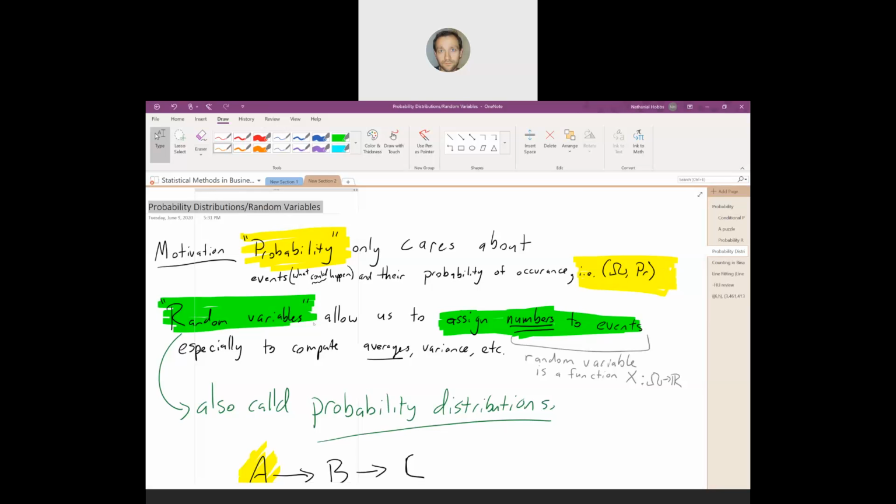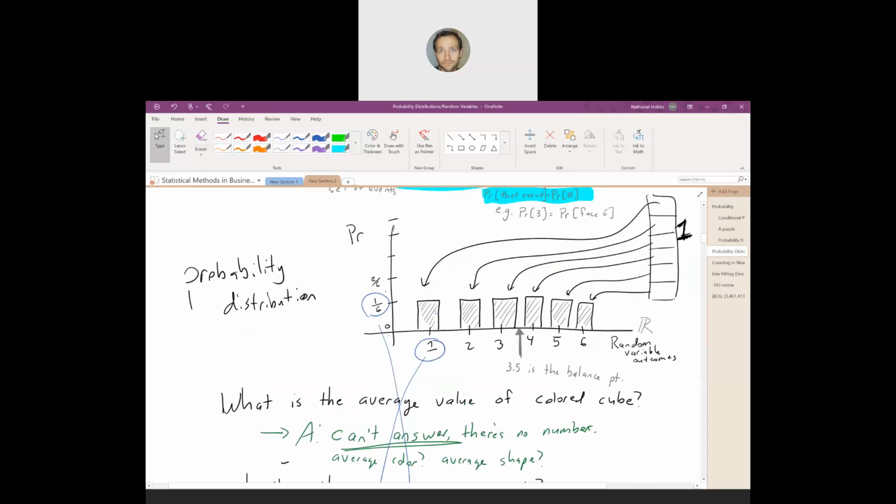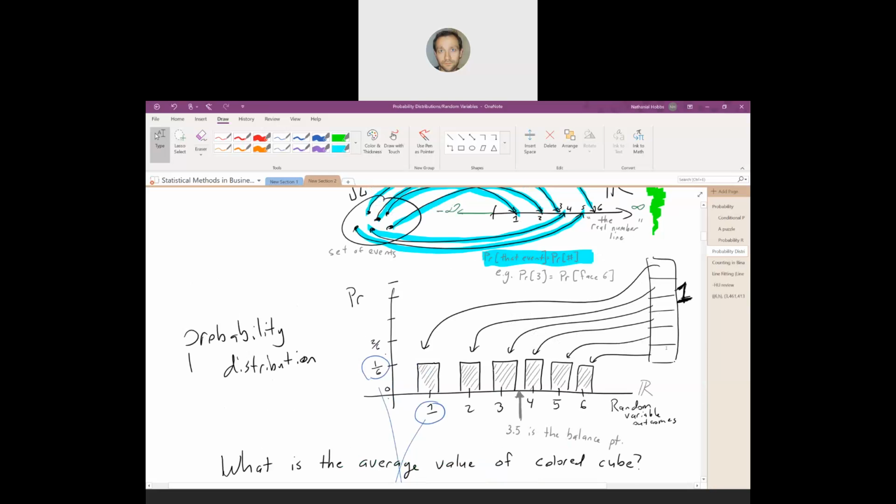The reason why I prefer probability distribution is because I think this picture is better. I tend to go to this type of picture, where I think of a mass of one being chopped up into pieces and laid out, such that each piece is lying above a number, and the size of this cut-up piece is reflected on the y-axis.